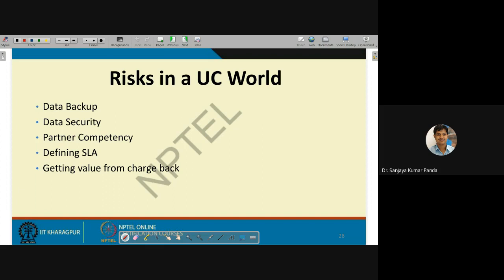So for this SLA standardization, we are not looking into what terms and conditions are given in the SLA, which term and condition is more sensitive, which is less sensitive, right? That we don't know. That's why defining a service level agreement from the customer perspective is very challenging. And it is not a mutual consent between the provider and consumer.